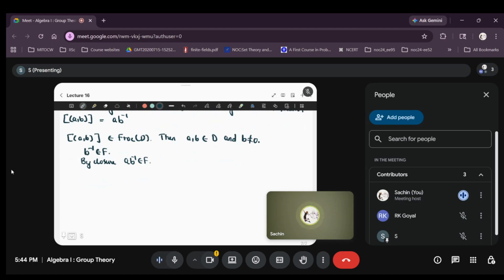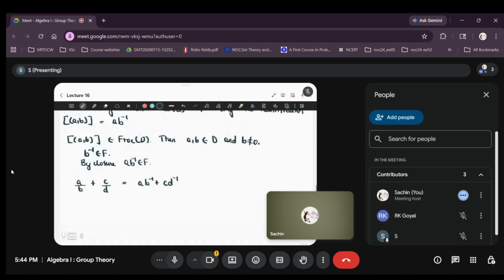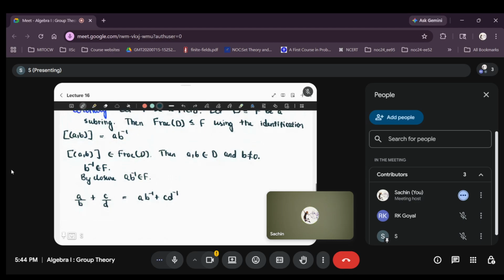Then suppose you do addition, suppose you do a by b plus c by d. This is actually in frac D. This would be what? a b inverse plus c d inverse, if you took that equality.